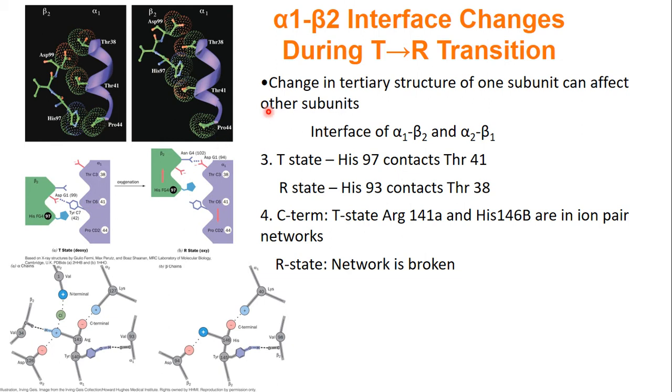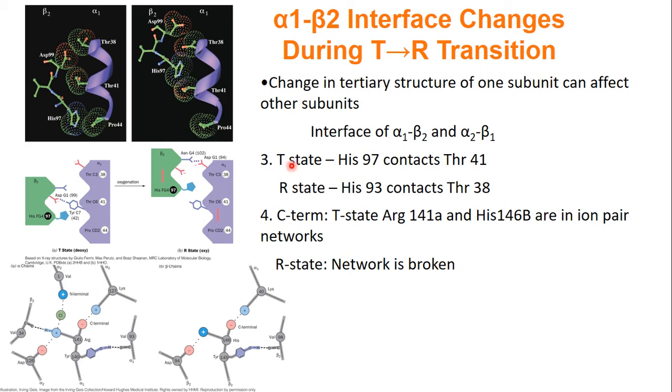Now, how about the interfaces? We talked in a previous video about how hemoglobin is a tetraprotein with alpha and beta subunits, and they interact between alpha 1, beta 2, alpha 2, beta 1, and alpha 1, beta 1 as well. We're going to look at alpha 1, beta 2.